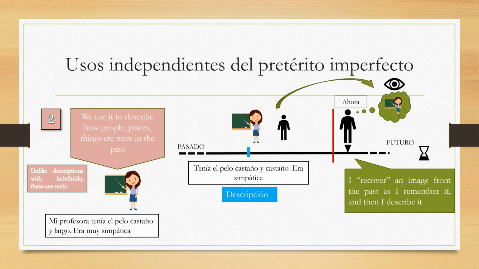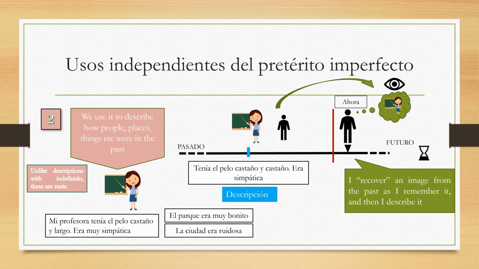This doesn't mean it's the truth, of course, it's memory we are talking about. But it's like I close my eyes and I think about how my teacher was, and that image, those things that I remember from her, is what I'm telling you, and I'm describing it using pretérito imperfecto.